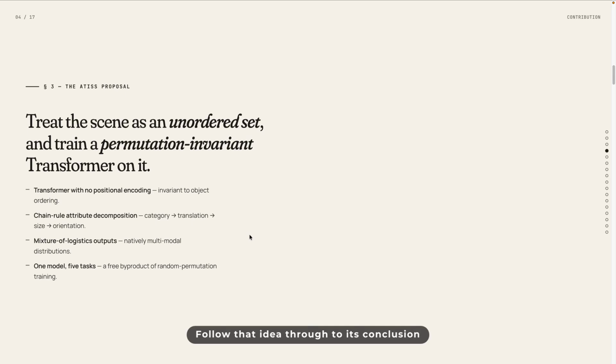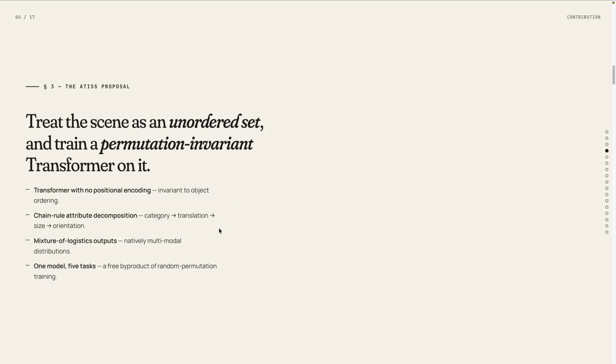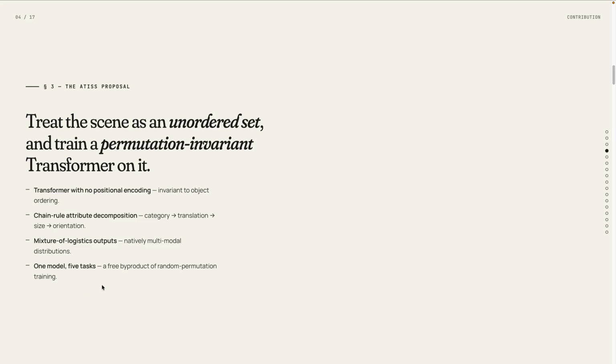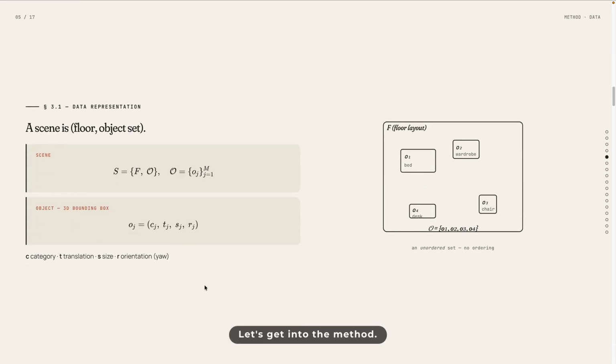Follow the idea through to its conclusion, and you end up with a beautifully simple design: a transformer without positional encoding plus chain rule attribute decomposition plus mixture of logistics output. That's basically the whole paper. Let's get into the method.